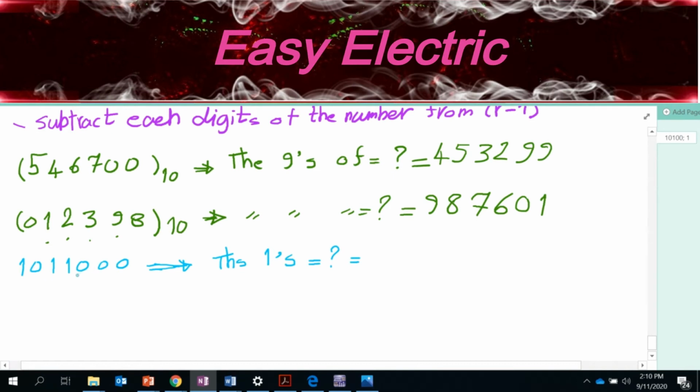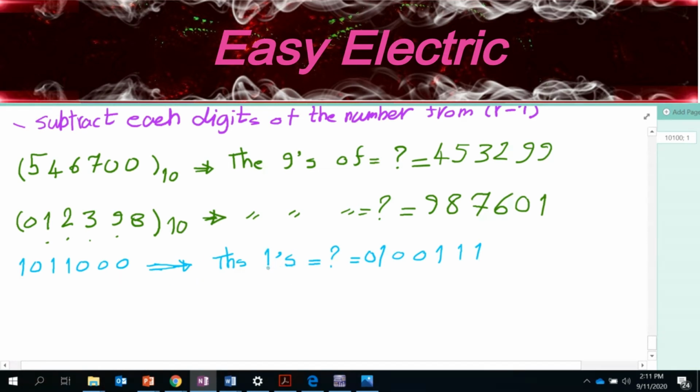Whenever you subtract everything from 1, 0 changes to 1 and 1 changes to 0. 1 minus 0 is 1, 1 minus 1 is 0, and so on. So the result is the first complement of the number.